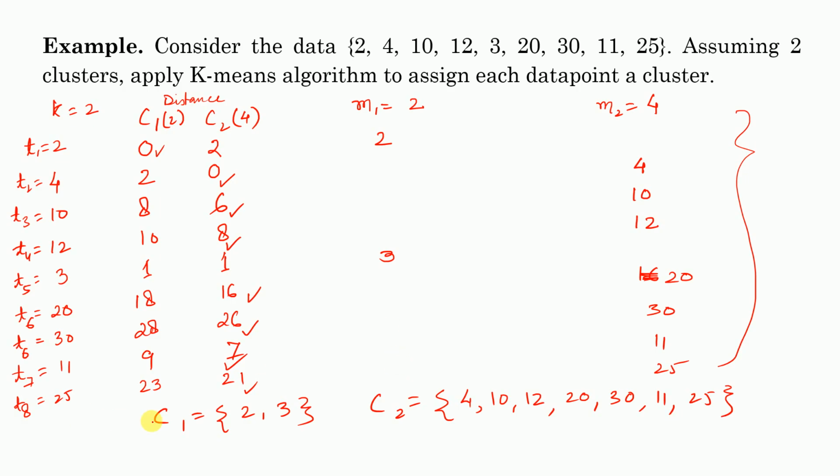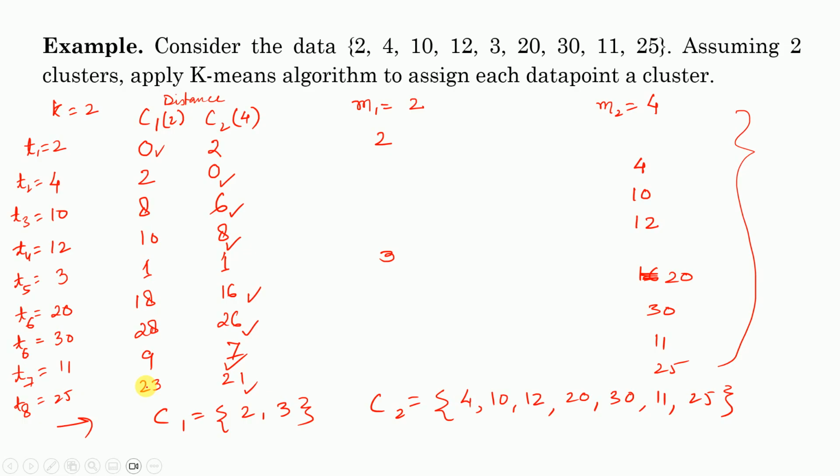So these are the clusters after step number one. Once we have calculated the distances of all these points from these two centroids and assigned each point a cluster, this is the first iteration, you can say.